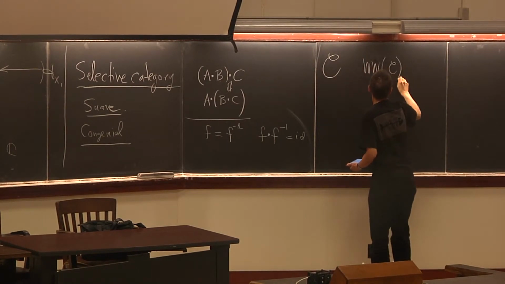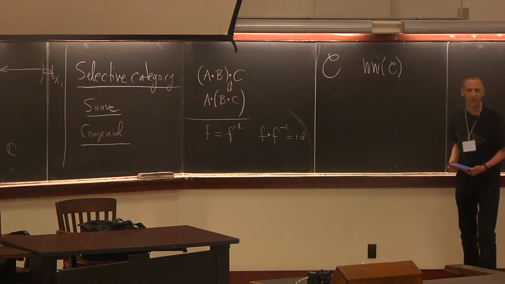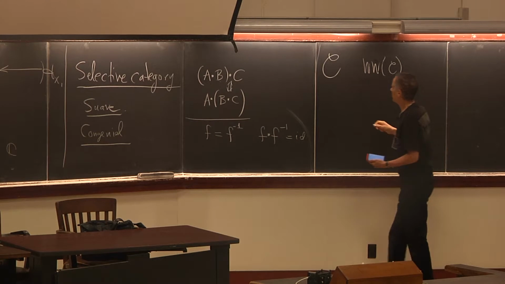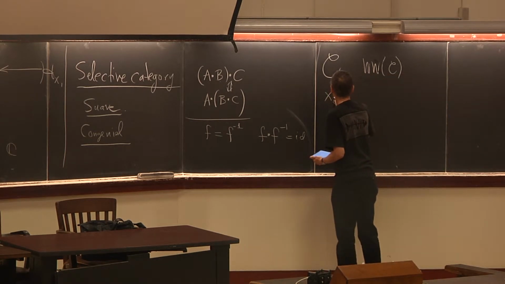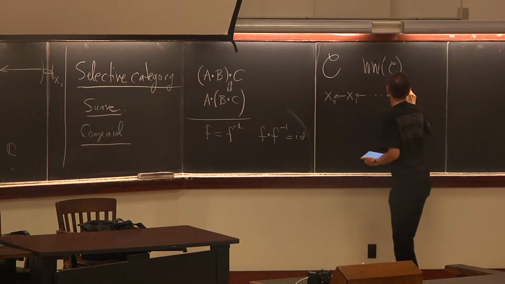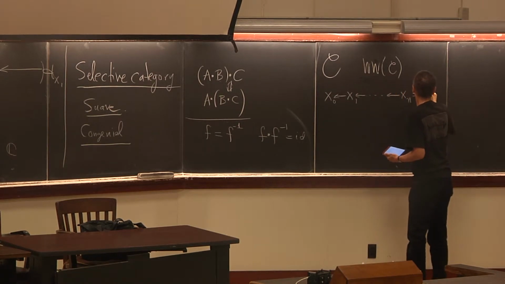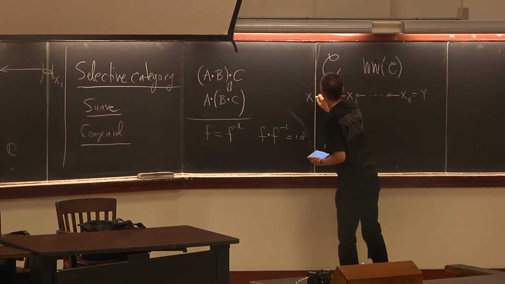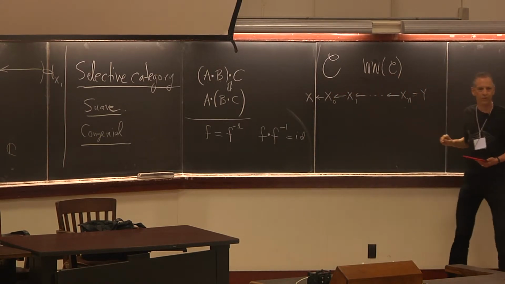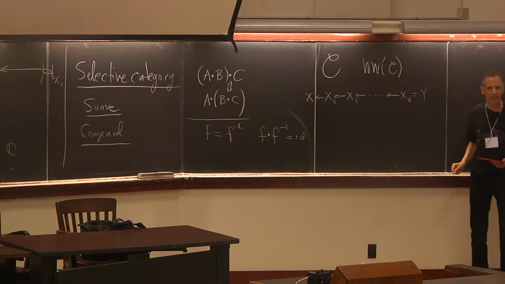OK, so with just that bare minimum, if I have a selective category C, I can build out of it a category which I call WWC, for Wehrheim and Woodward, in which we start with chains of, maybe this is Y, and this is the target X, chains of suave morphisms, congenial or not.